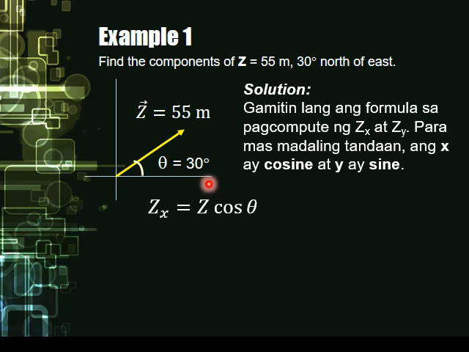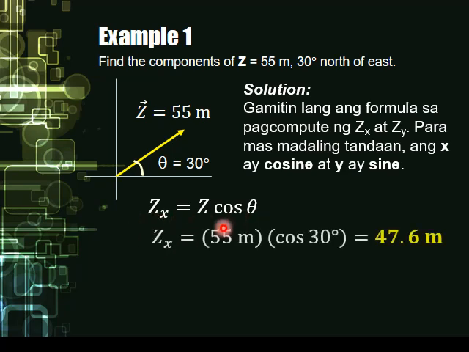Okay. So, for example, you have here Z sub x is equal to Z cosine theta. Diba sabi ko kanina, pag isosolve ninyo ang x component, gamitan lang ninyo siya ng cosine. So, pag sinubstitute natin siya, meron tayong 55 meters times cosine 30 degrees equals 47.6 meters.